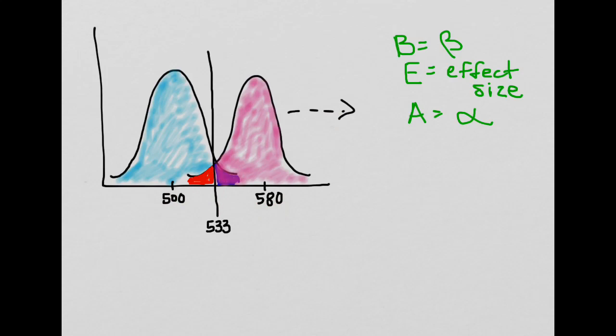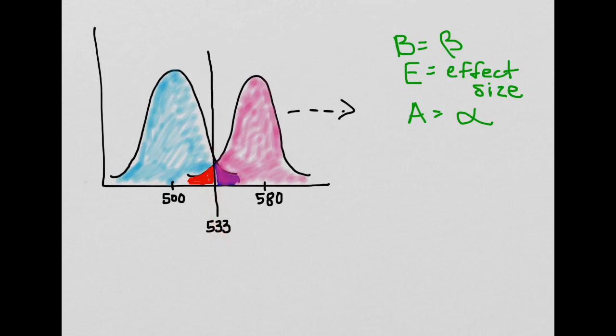So obviously, if we pull this alternate distribution over to the right, then by increasing the effect size, the difference between the means, beta is going to shrink, and then power is going to increase, okay? So that's B and E of our bean mnemonic. So A is alpha, and we know that we can set alpha wherever we want, okay?